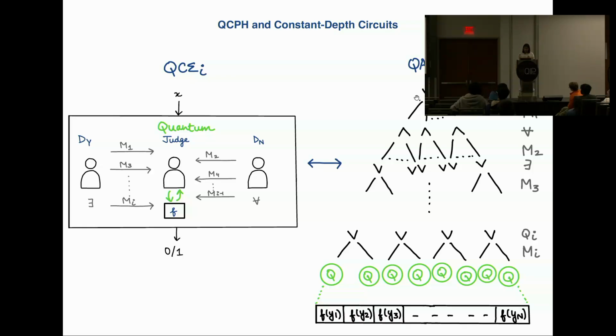So for QMA, you can't really have this kind of OR gate circuit because you have an infinite set of states instead of a small classical certificate.